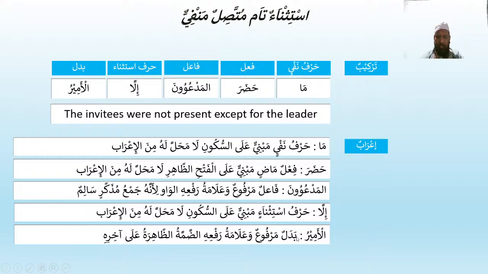Then we have to say badalun mansubun, following the mustasna minhu when it is mansub. Got it?